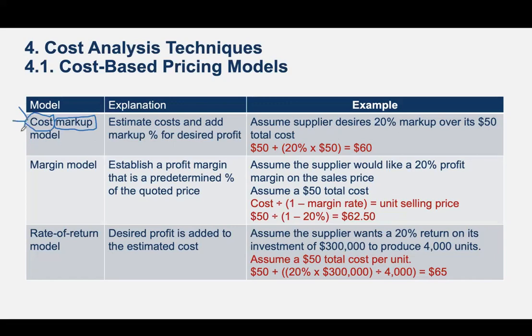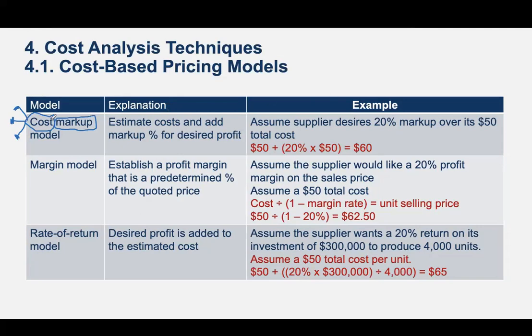The first thing is material cost, as we discussed earlier. Then the second thing was labor cost. And the third component was selling and administrative cost. So that is your cost. And to this cost, you will add markup. And that will become the price that you will charge to the buyer.